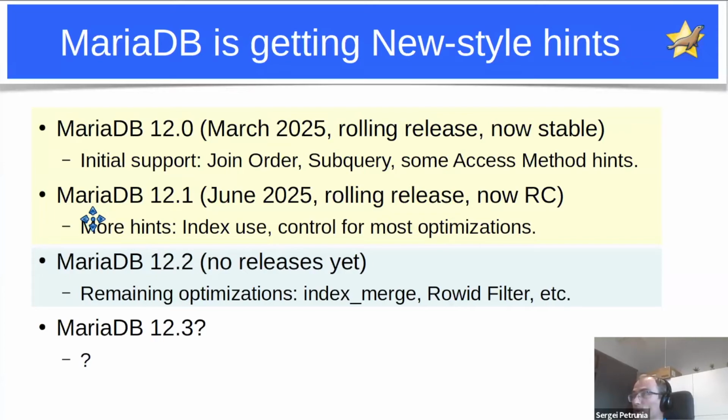If you have 12.0 hints, you may find that the implementation is not really complete. In 12.1, that looks like a reasonable, already usable set of optimizations, but there are still some gaps. In 12.2, which is under development and not released yet, we are working on the hinting for the remaining optimizations, and some things that I will cover later in this talk.